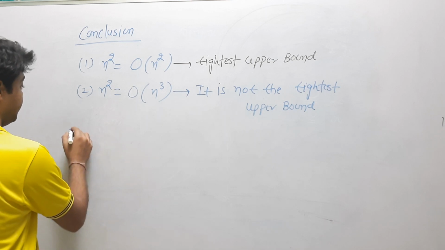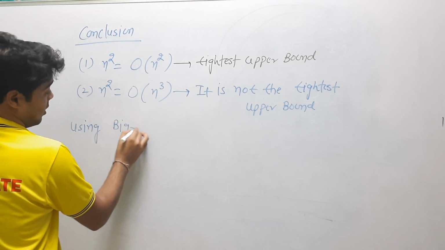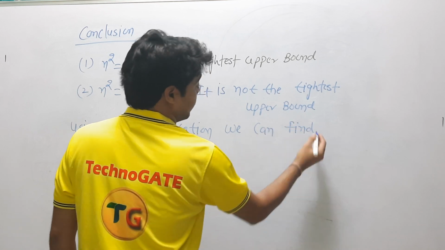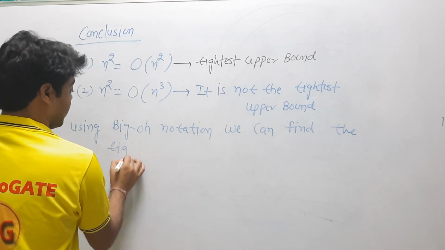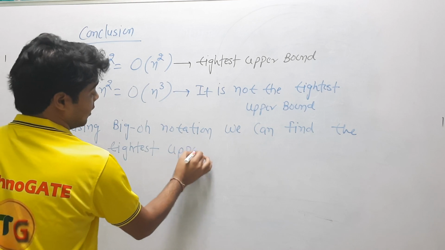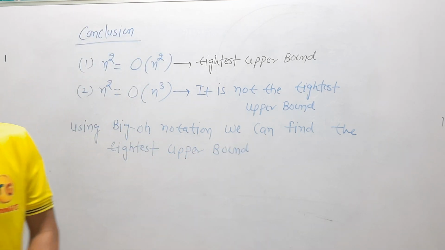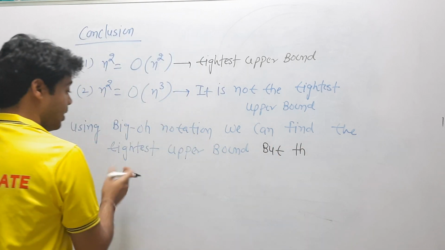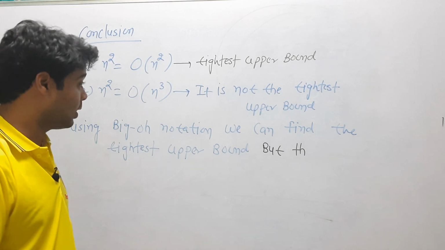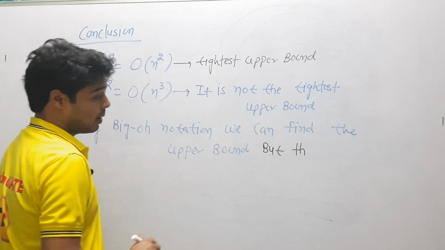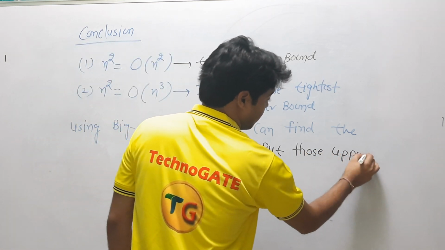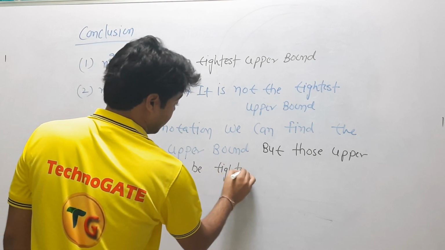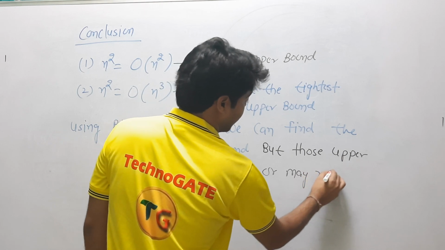So using big O notation, we can find the upper bound, but that upper bound may be tightest or may not be tightest.